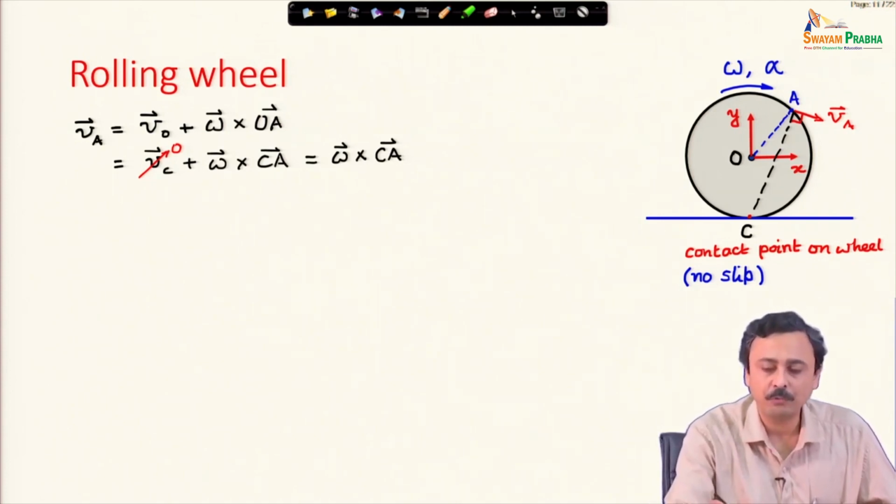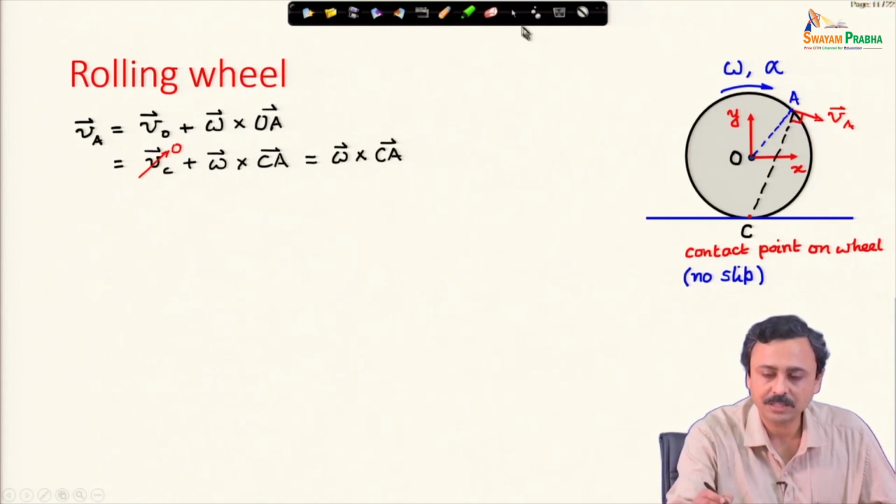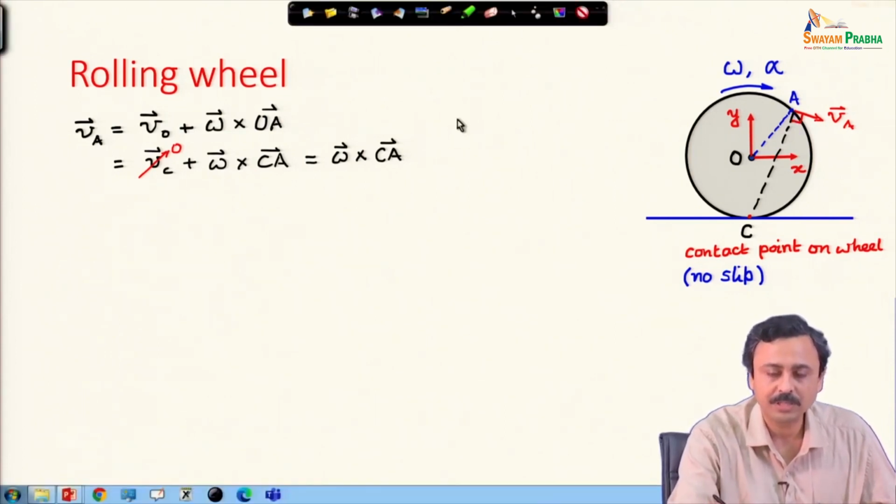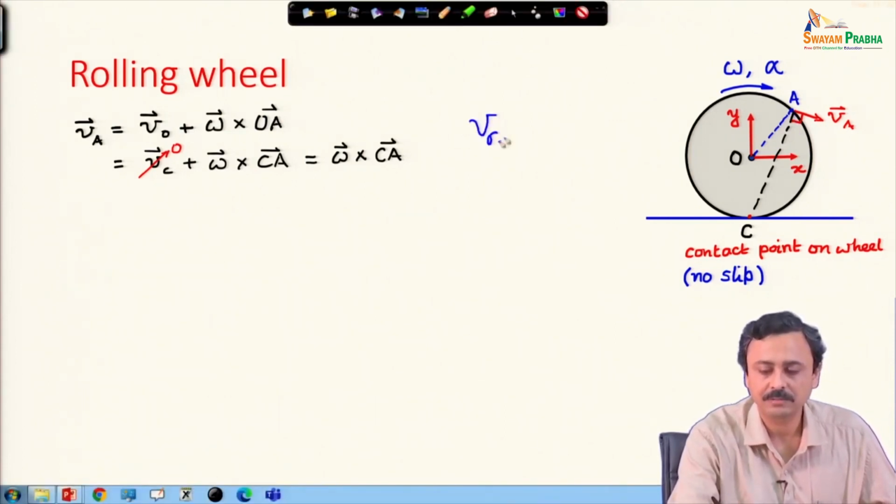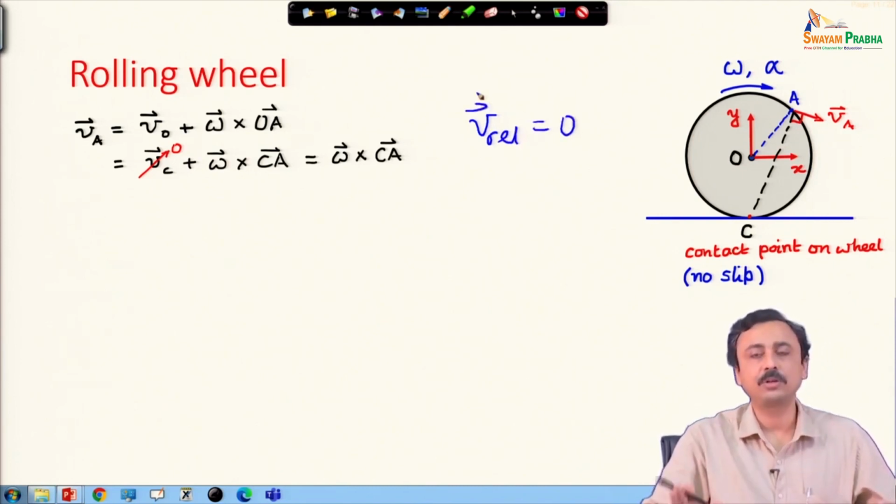Now, you should note V rel in all these relations is 0. I am not writing it anymore, because these are all points on the same rigid body. You can understand.